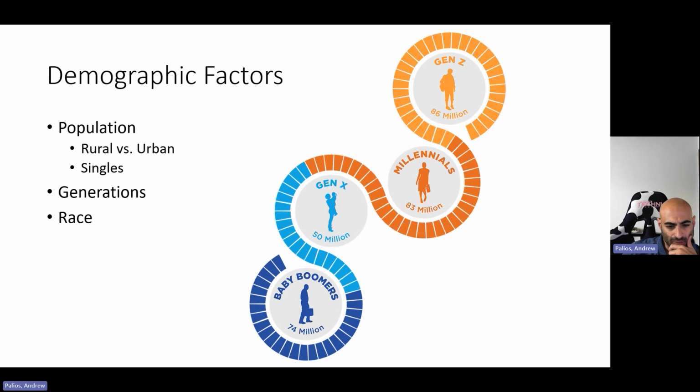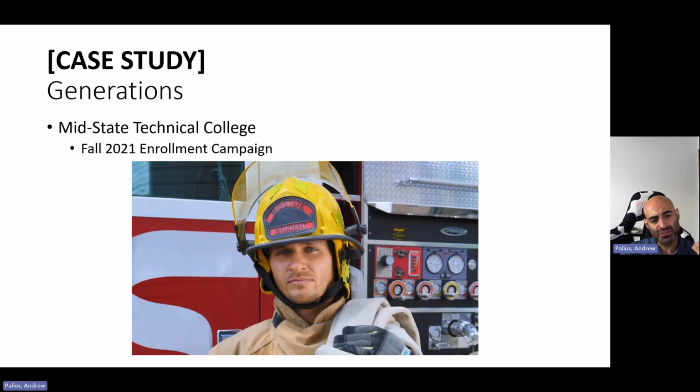Okay. So that said, as far as generations are concerned, what we did at Mid-State in 2021, we did an enrollment campaign that focused on these types of jobs. Now this is in contrast to the experience choice piece that I showed you. We wanted to really show that these more rugged, hands-on type jobs, things that are less intellectual property type work and more hands-on type work.